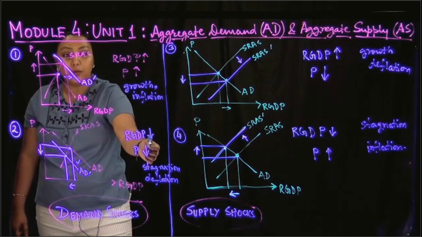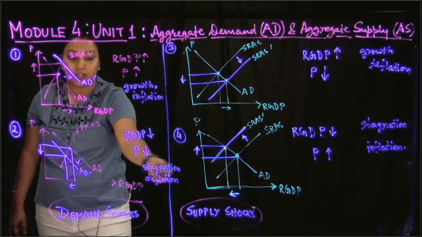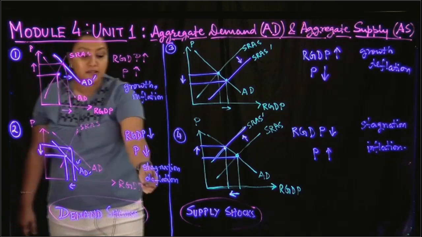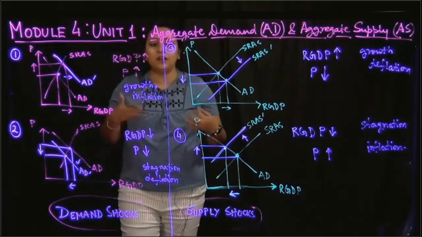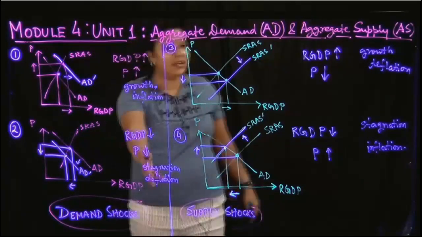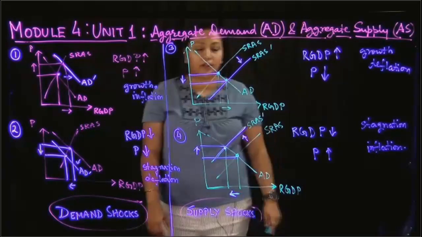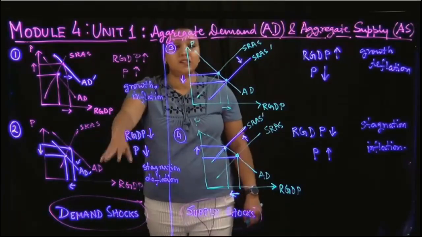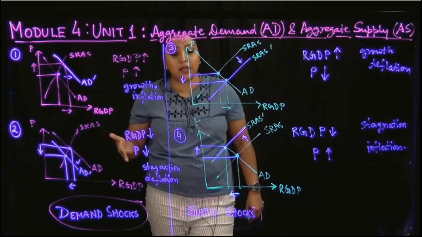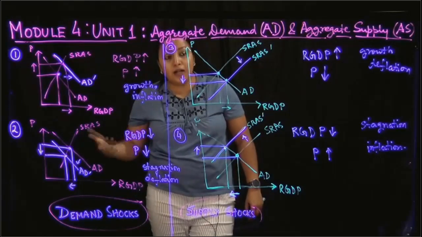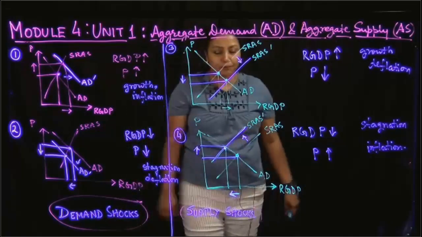So the real GDP goes down, which means there is stagnation, and there is a decrease in the price index, so there is deflation. Well, deflation is a desirable thing for the economy, but stagnation is not. So you can see that demand shocks always lead to one desirable thing and another relatively undesirable thing for the economy.